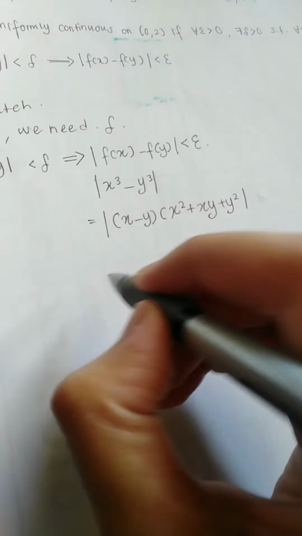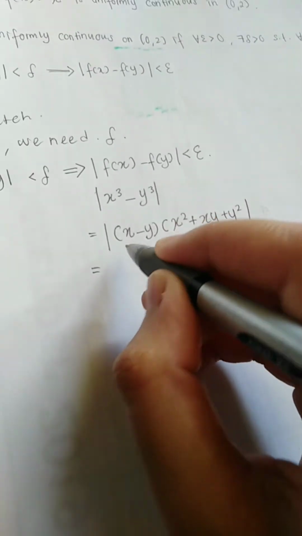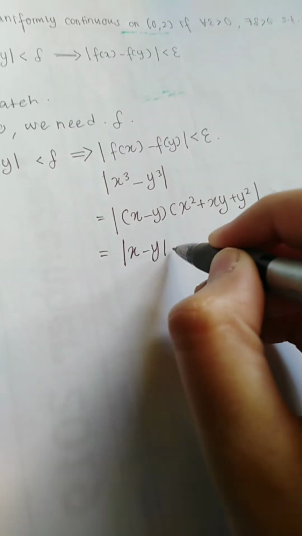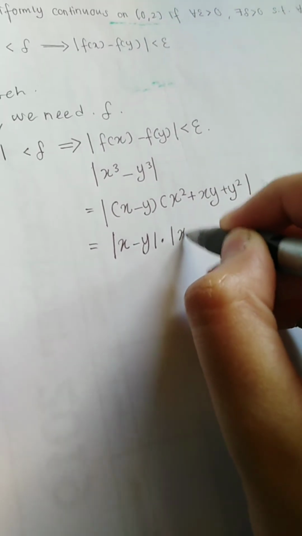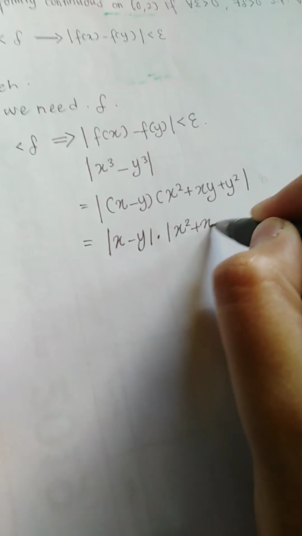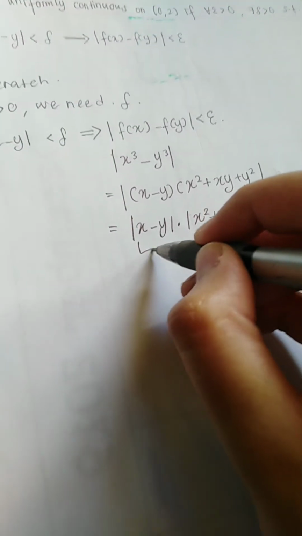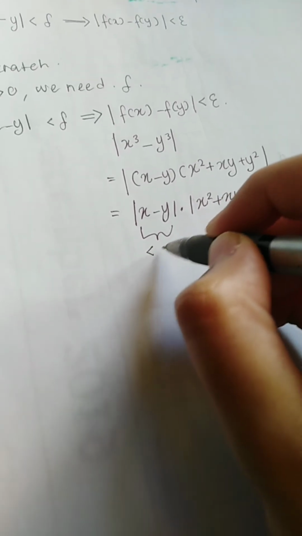So next, we split this into the absolute value of x minus y times the absolute value of x squared plus xy plus y squared. So we know the first factor is less than delta.